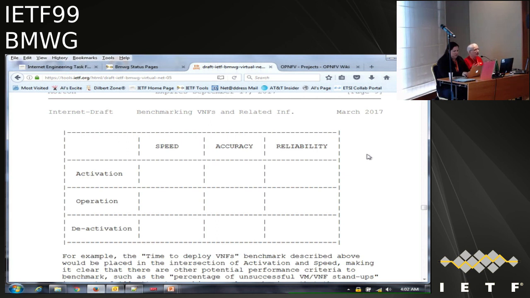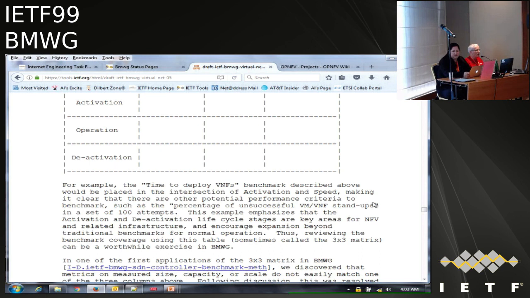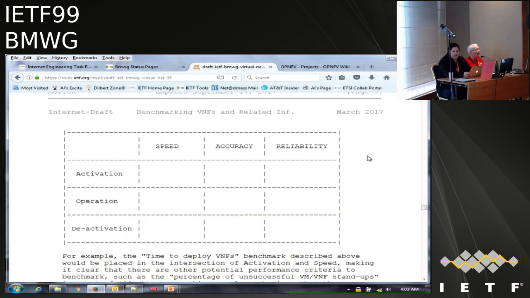So how many sessions can a device support, and how many switches can a controller control? These are scalability aspects that needed to be represented in the matrix in a way that we didn't have to worry about before. So when it comes to evaluating coverage, what we actually have is a 3x4 matrix where we have scalability as the additional column.